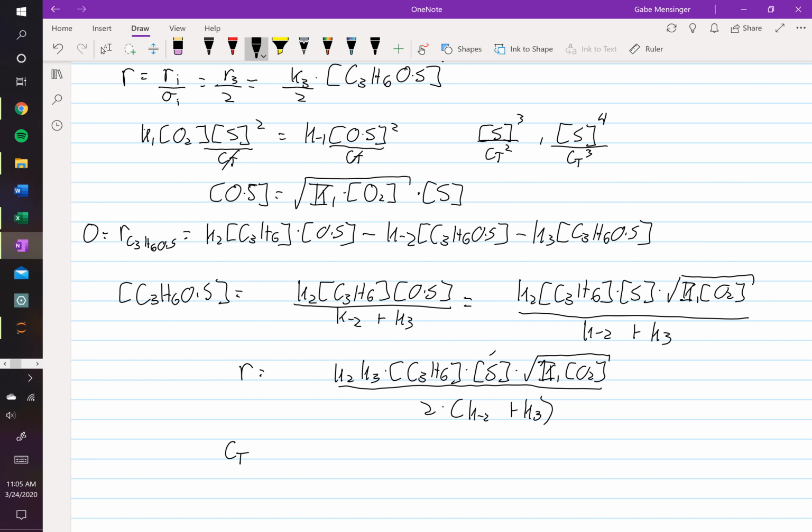We'll say that CT is equal to, and a site balance comprises all of the surface and catalyst species. So we've got S, we've got the OS, and we have the C3H6OS. So that represents all occupied and unoccupied catalyst species.